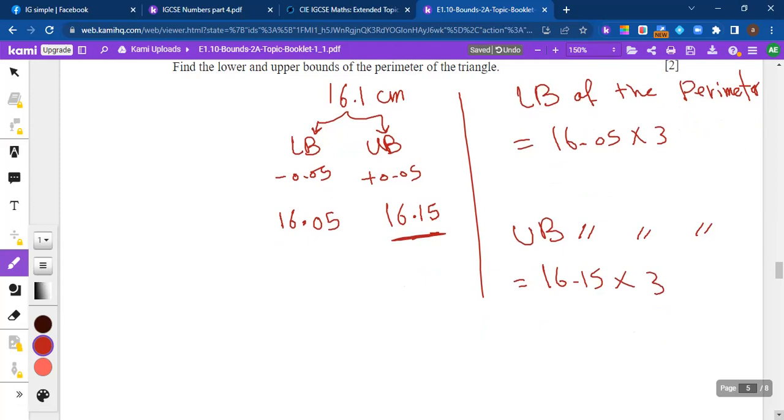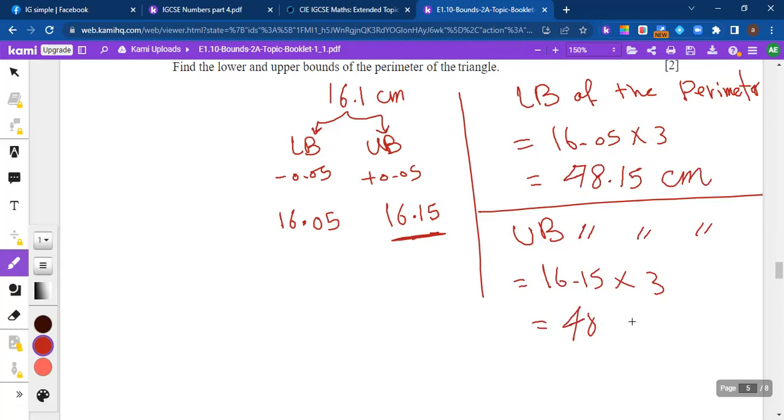The lower bound is 48.15 centimeter, and the upper is 48.45 centimeter. Very nice.